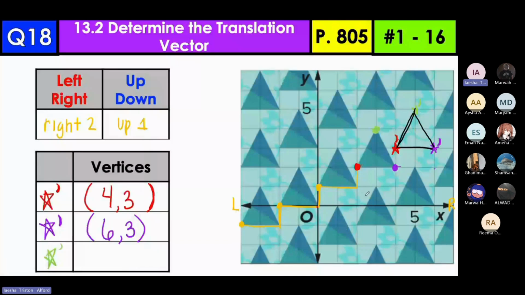Okay, so from this triangle here with the red and the purple and the green, to make the new one, I have to go 2 right, 1 up. From the purple circle, 2 right, 1 up. From the green circle, 2 right, 1 up. And I have to say, where is the new one? So the last one is 5 right and 5 up.